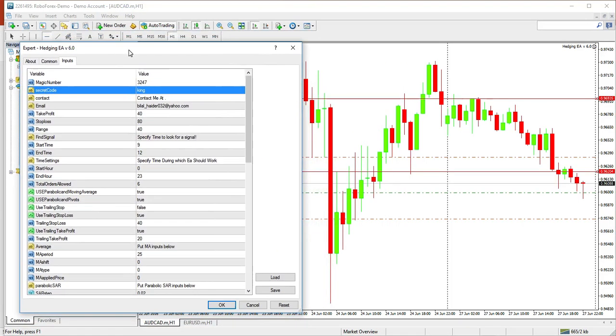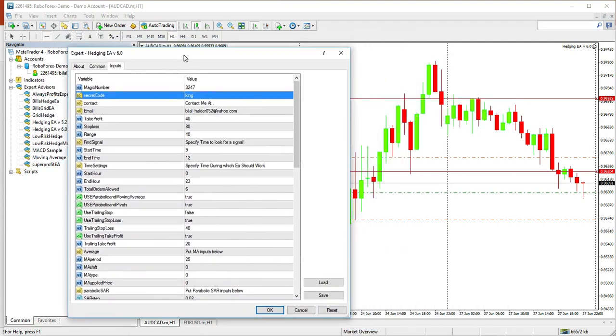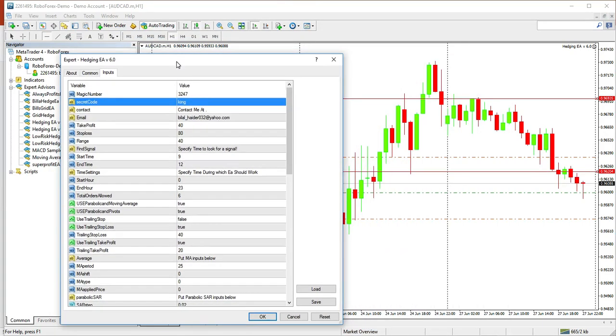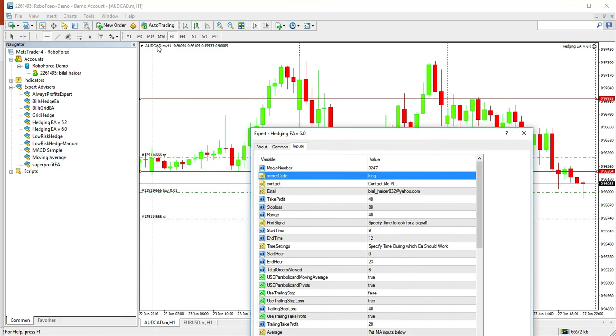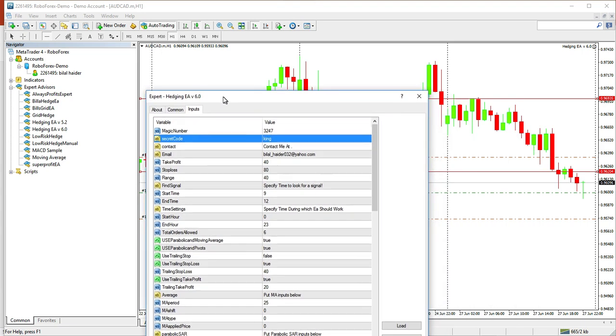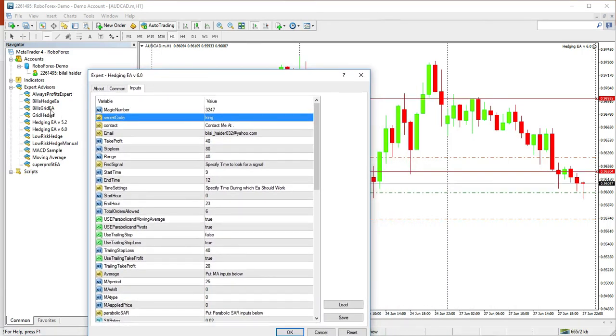How will you do that? You have to open a new chart of that same currency pair. The time frame can be the same or different, that doesn't matter, but the currency symbol should be the same. Then drag and drop this new version of the EA onto your chart.